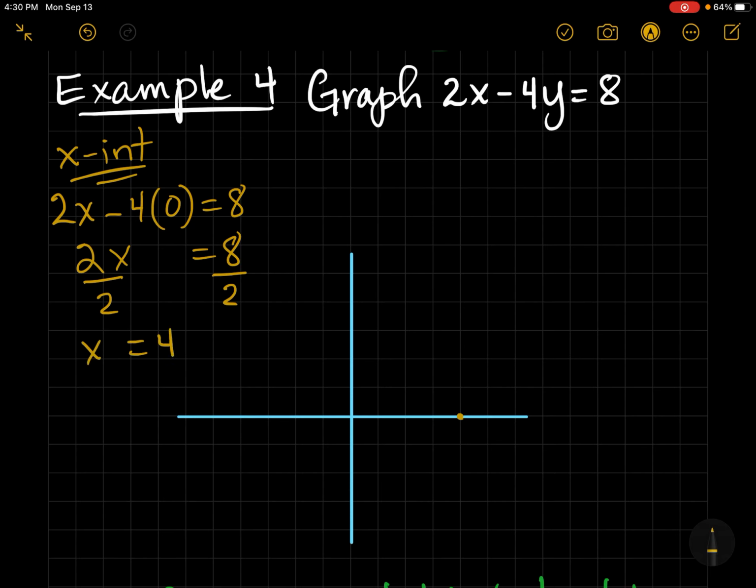So this means our x-intercept is 4. So we go to the x-axis and put a point at 4, which you already see there.